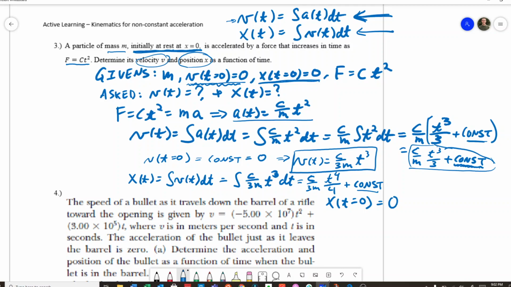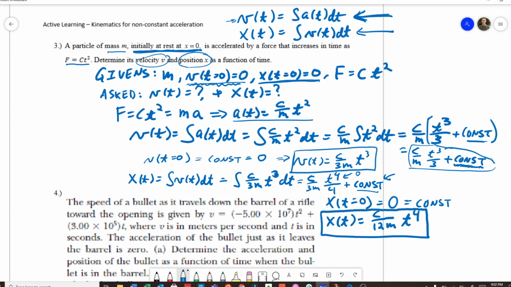Plugging t equals 0 into this, that first term will go away and the second term will be left. So this thing is equal to that constant, and I have just found that again, that constant is equal to 0. So that's good. Now I know that x of t is equal to c over 12m t to the fourth, because the constant of integration is 0.